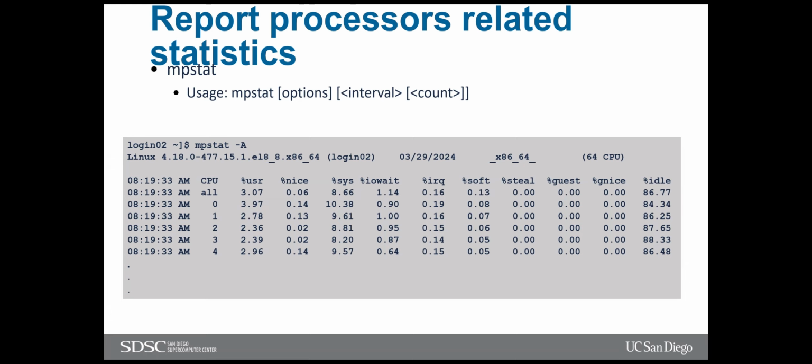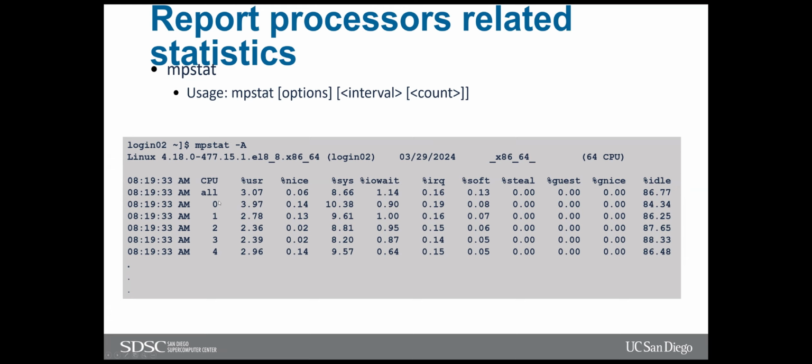The first section is going to display the system configuration, and the second section is going to display the utilization statistics in intervals. The values of these metrics are deltas from the previous one.